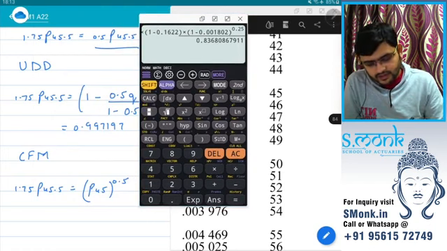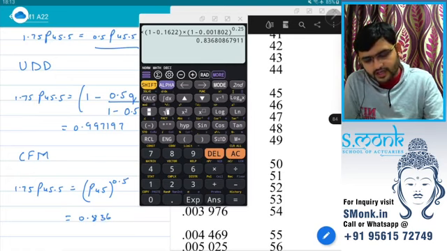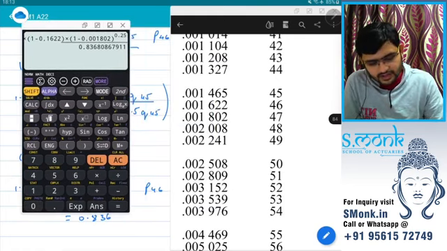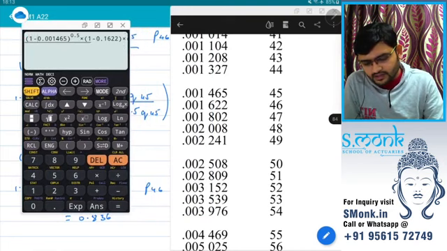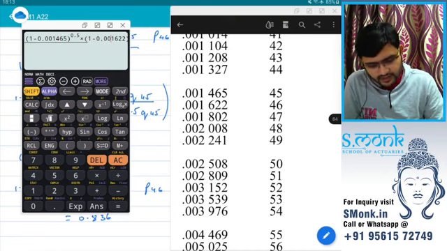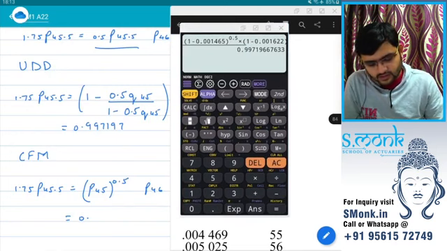Okay, I've made a mistake. In q46 I did not write 2 zeros here, just edit it. So we have 0.997197.